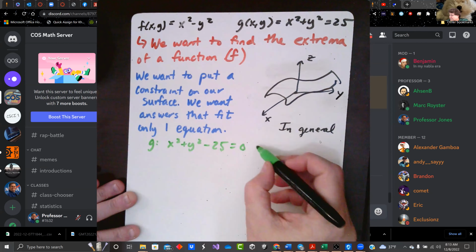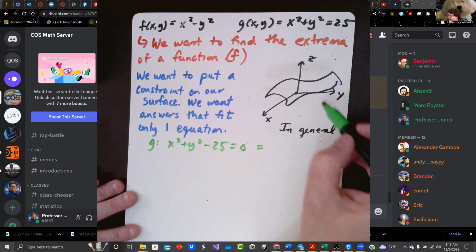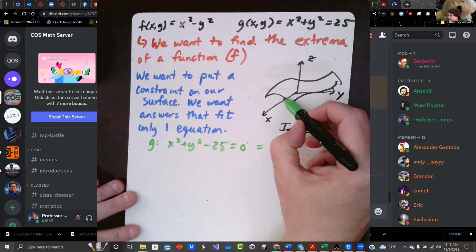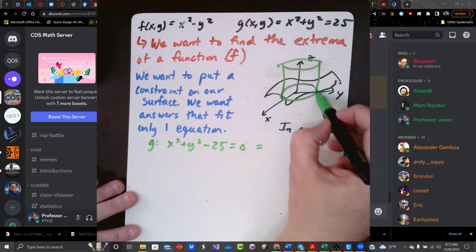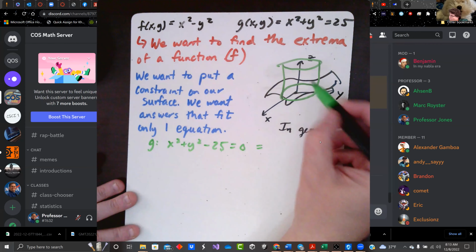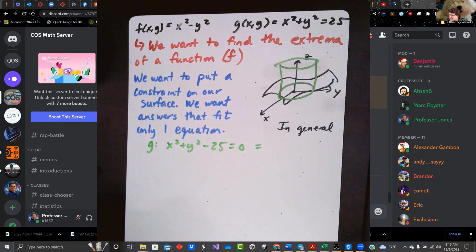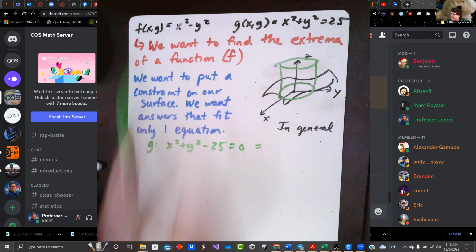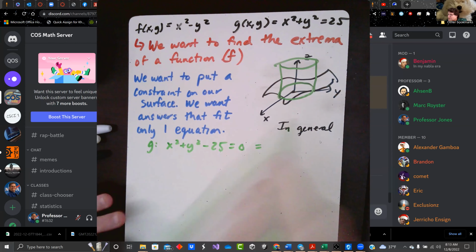And if I said that was z, this would make another surface right here. It would make a cylinder. That one's easy to see. And so we're looking at where on the black surface, because this black surface does not match the x squared minus y squared, where on the black surface do we have extrema that intersect with the cylinder?